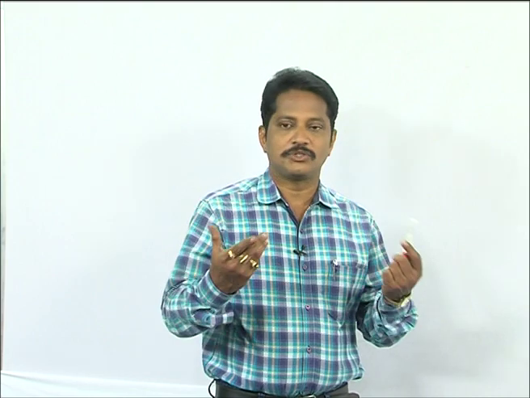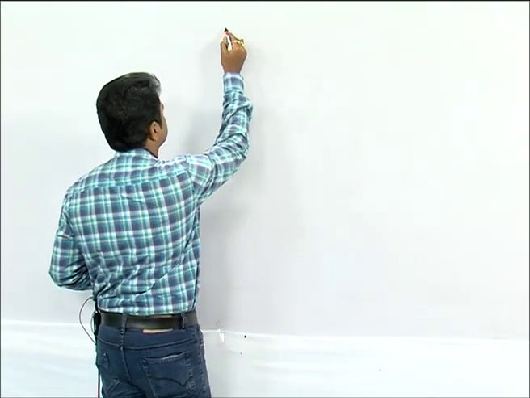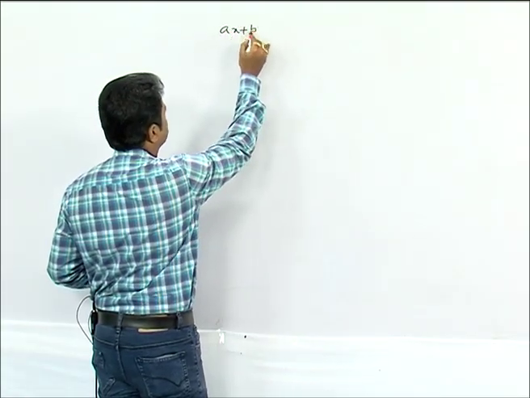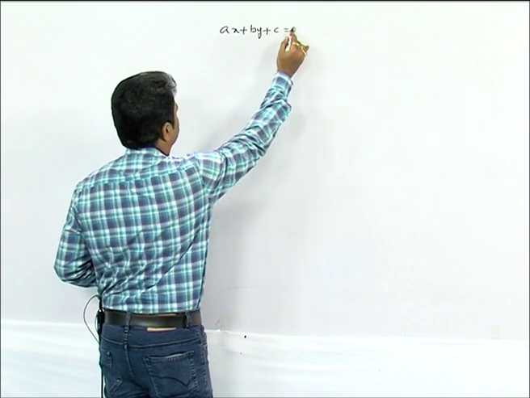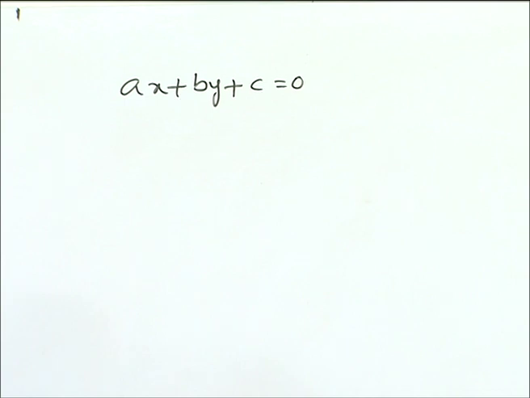We gave the same information in the 10th class textbook as pair of linear equations. Now, I am going to give that information to you, which is very useful for your examination. You know that Ax plus By plus C equal to 0 is called a first degree linear equation, simply a linear equation, and it represents a straight line.